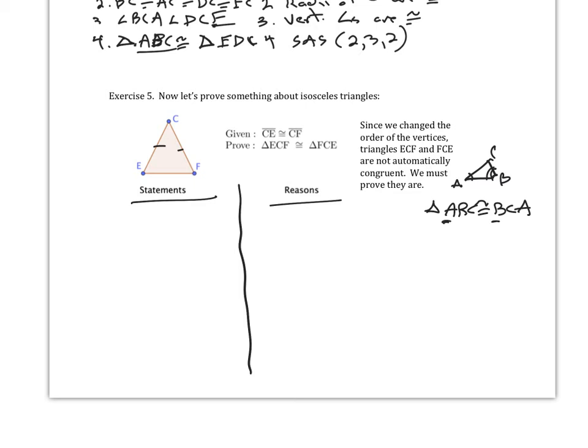We may be able to say that E and F are congruent, and in fact we're going to prove it. So first we have that CE is congruent to CF, and the reason that's given. 2, we have that angle C is congruent to angle C, and that's reflexive property.